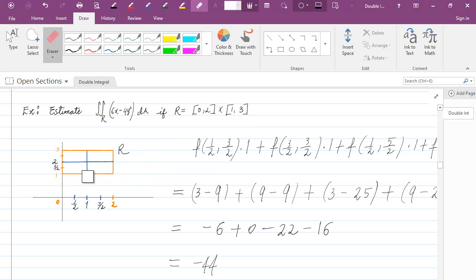So here is this rectangle R. And I'm going to estimate this double integral by using a Riemann sum. So I'm basically going to divide this rectangle into 4 pieces. So I'm dividing it right along where x is 1 and right along where y is 2. So we get these 4 subrectangles. And in each of these subrectangles, I'm going to pick the midpoint.